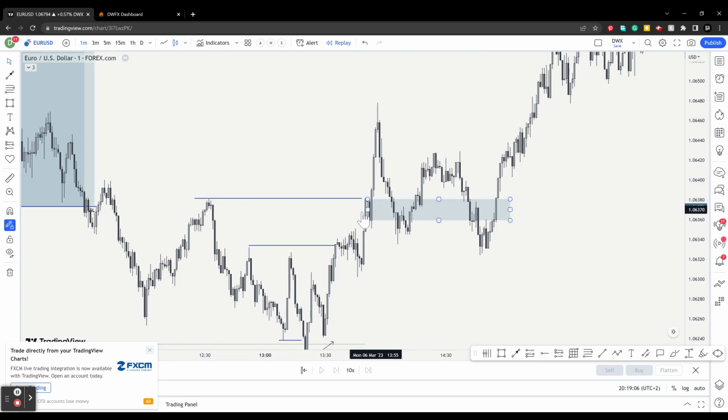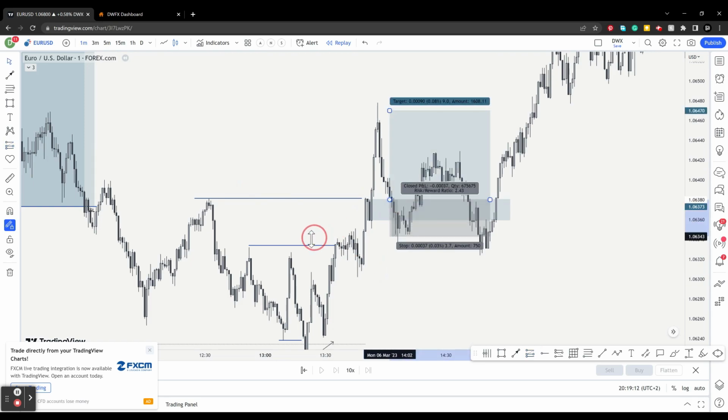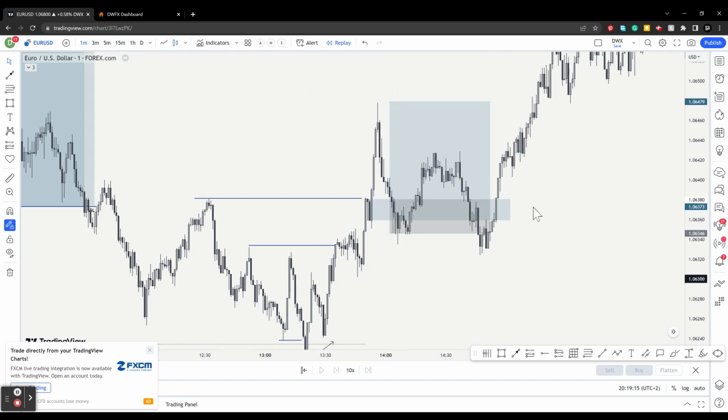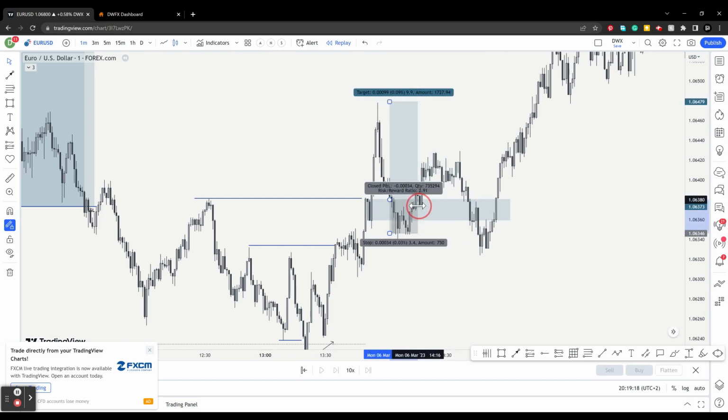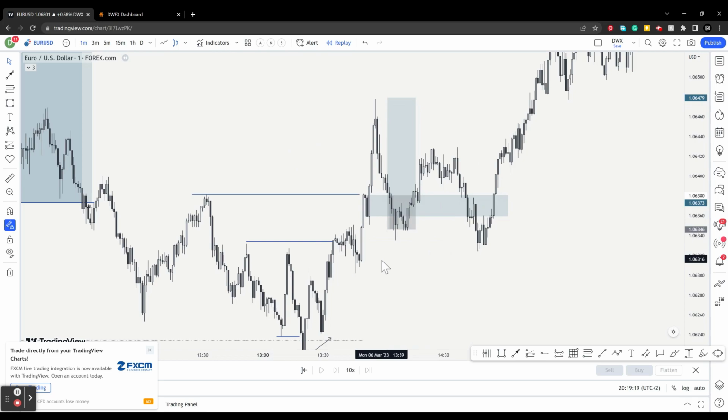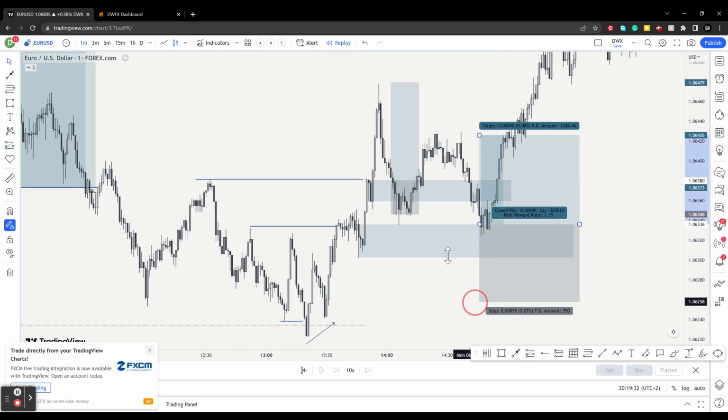Initially, I thought that this zone might hold, so I took a loss in here. So the trade was something like this: stop loss below that zone, targeting the high. That was a trade idea, but it ended up as a loss. But then noticing this zone, it's a key zone in what I teach or share in my community, and that is then where the second entry was located.